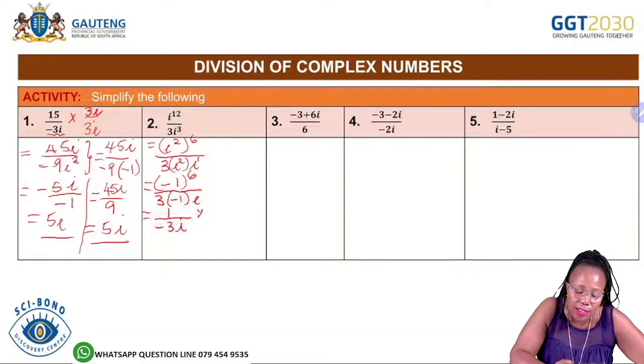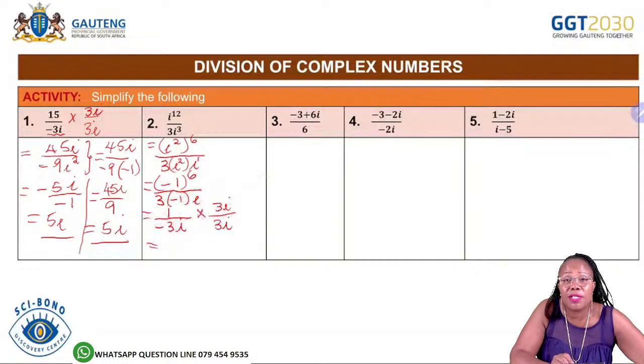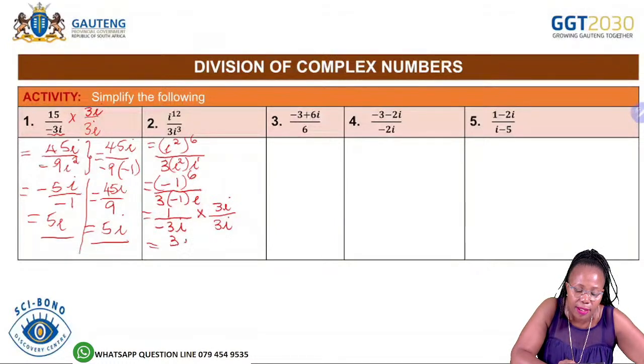So we are going to take that minus 3i, its conjugate, which is 3i, and multiply by 3i over 3i. So now on top we have 1 times 3i, which is 3i. Denominator: minus 3 times 3, that is minus 9i squared.